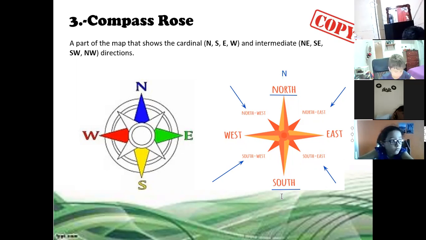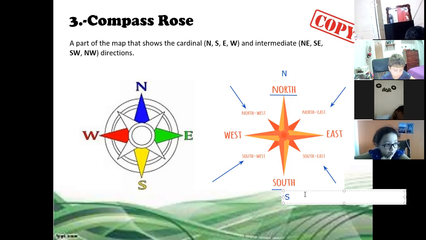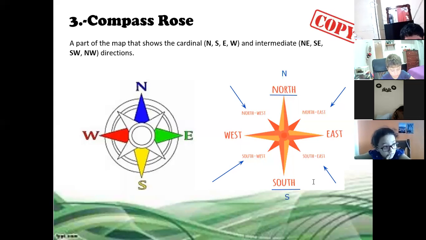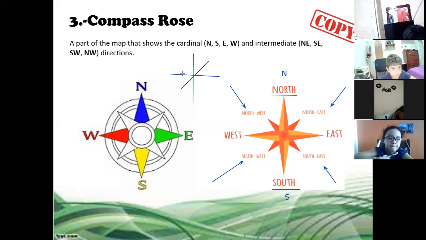We need to do two drawings or only one? Just one that includes the cardinal and the intermediate directions. So it could be the second one. And you can draw it very simple. You make a cross and then you make two other lines like this. And then you only write the letters.